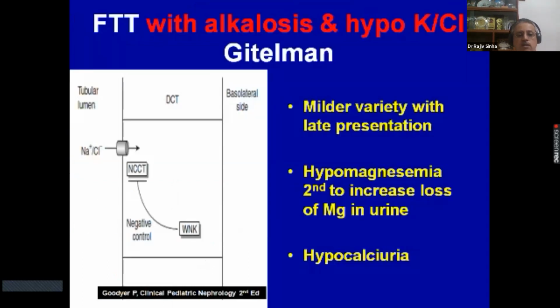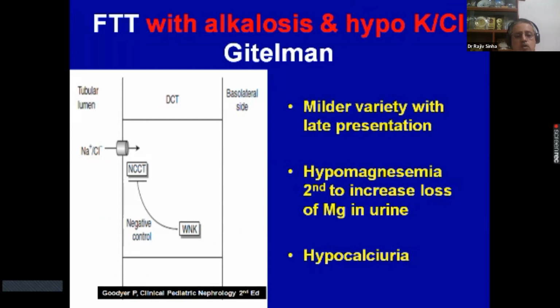Speaking of Bartter, you have to say something on Gitelman. Same pattern of alkalosis with hypokalemia and hypochloremia, but Gitelman patients usually have hypomagnesemia and hypocalciuria.